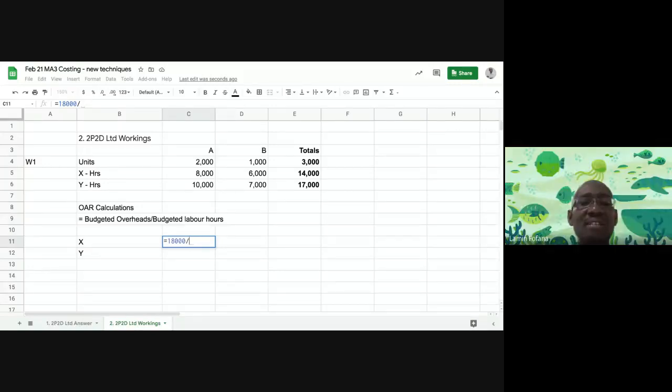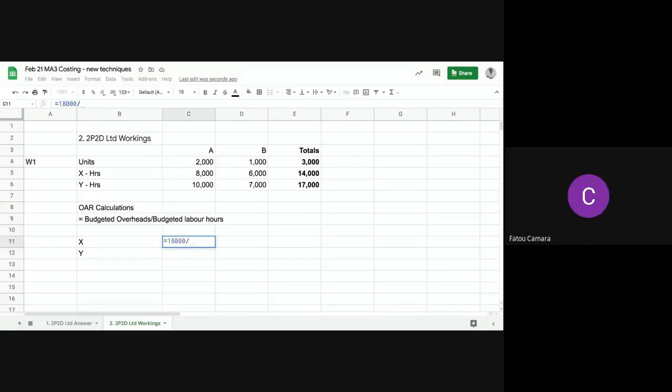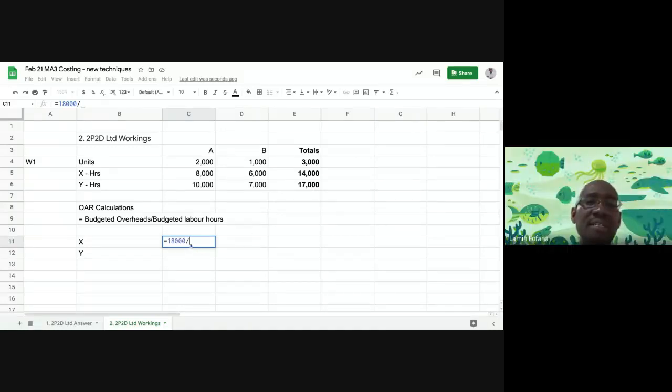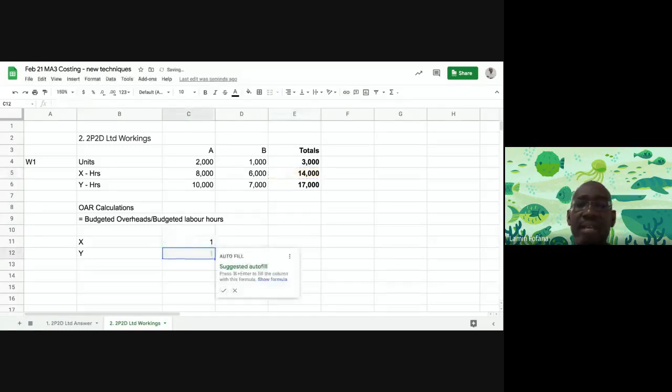So we say equals 18,000 divided by, for your information, the sign for division is a front slash. The front slash goes this way. And for multiplication, it is the asterisk. So divided by, we click on E5, we enter.